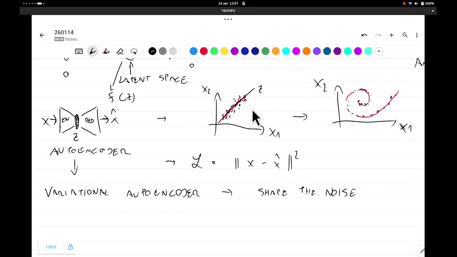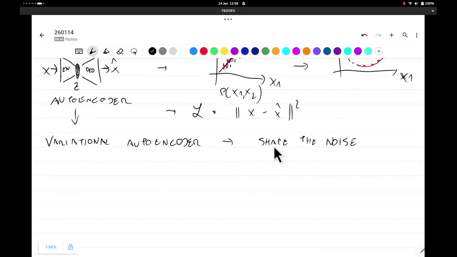There is an underlying distribution, so I have a probability of x1 and x2. I assume that there is an underlying probability distribution, and that is somewhat what the model is trying to learn. It is mapped into a latent space representation, and then I reconstruct this probability distribution, because if I sample from the latent representation, I am able to produce data points that belong exactly to the original distribution.